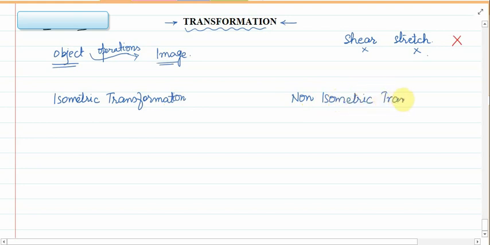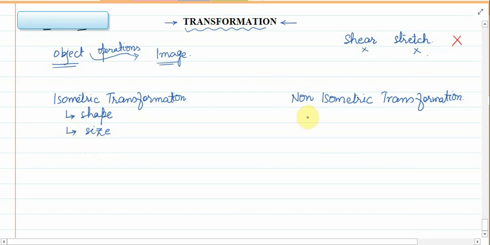The main difference between these two types is, in isometric transformation, your shape and your size remain the same before and after the transformation.